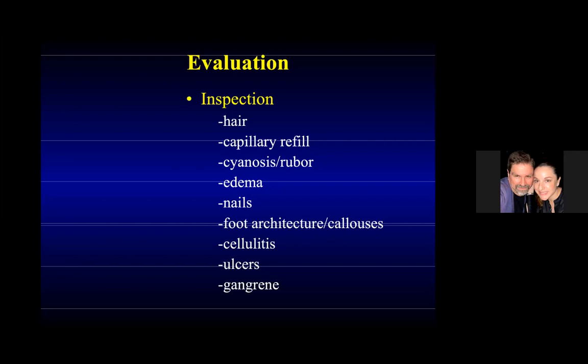If it's cyanotic or the leg is ruberous, I've already explained that to you. If there's edema, swelling, there is an issue with swelling, right? Swelling could be a problem with the heart. Your ejection fraction is low and you're having right-sided heart failure. You have to associate that with the patient's medical history, history of congestive heart failure, what medications they're on, et cetera.